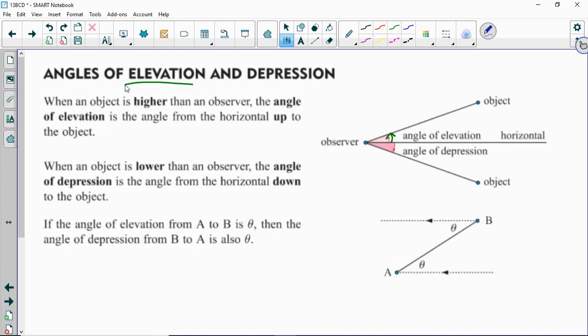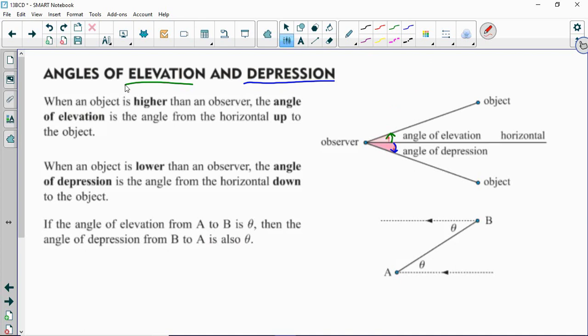If it's an angle of depression, we're going from a horizontal line going down. It's got to be from a horizontal. Okay? Don't draw something like that and say that that's the angle of elevation. It's not. That's the angle of elevation. Okay?